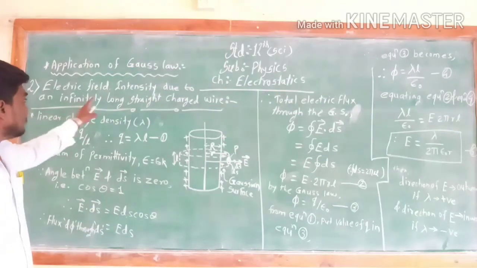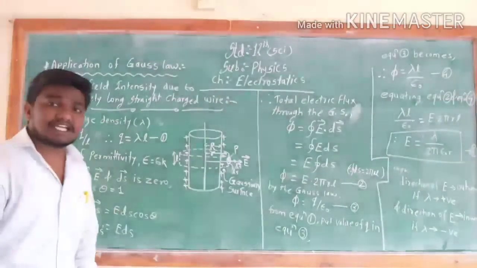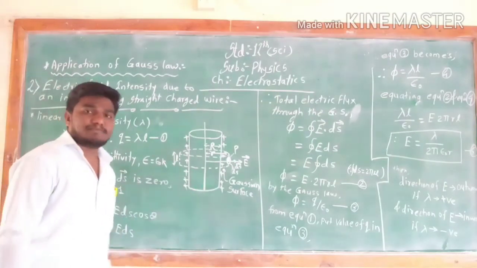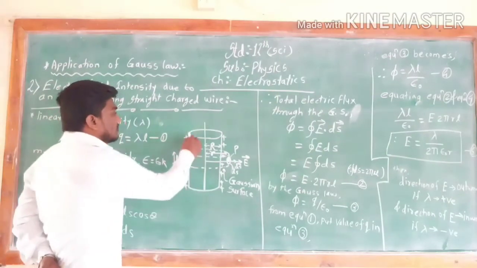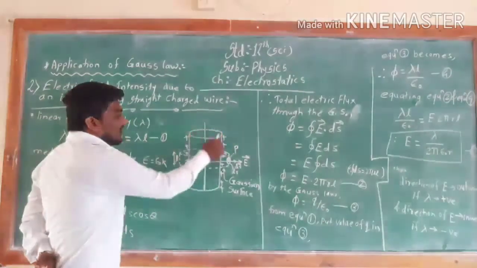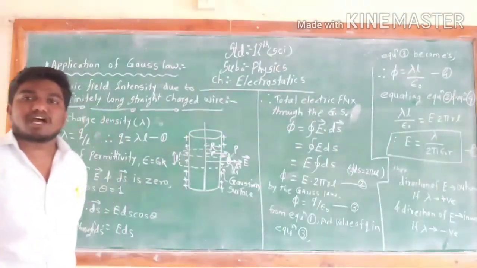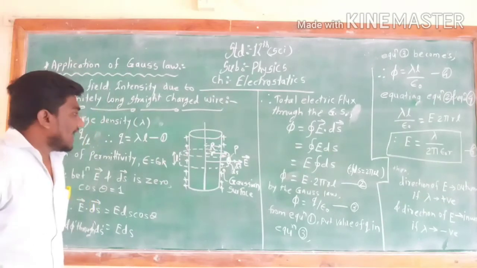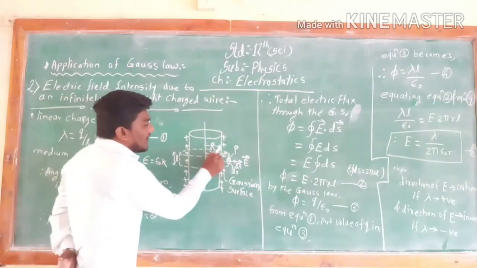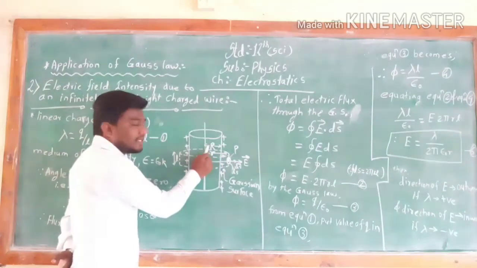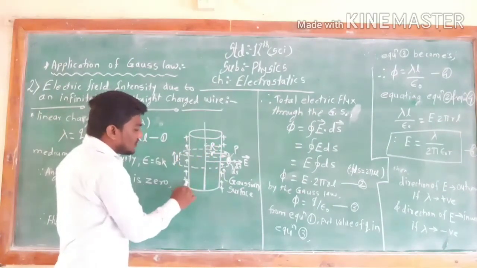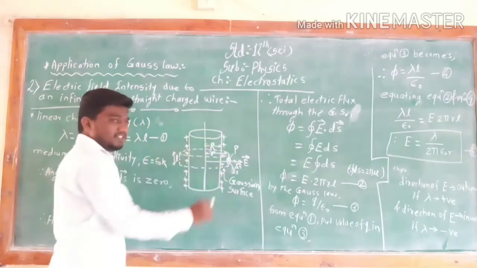Now, in this second application, we determine the electric field intensity. In this figure, we consider an infinitely long straight charge wire or cylinder having radius capital R, and this wire or cylinder is positively charged.